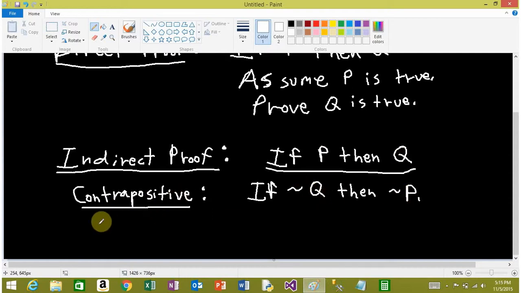And then what we're going to do after that is take a look at another indirect proof, which is called contradiction.